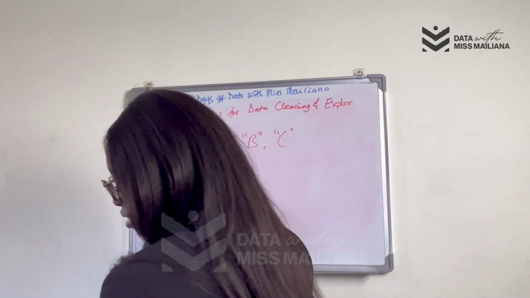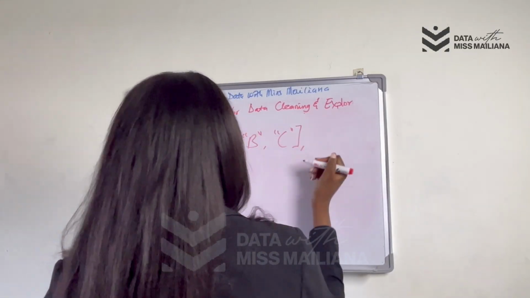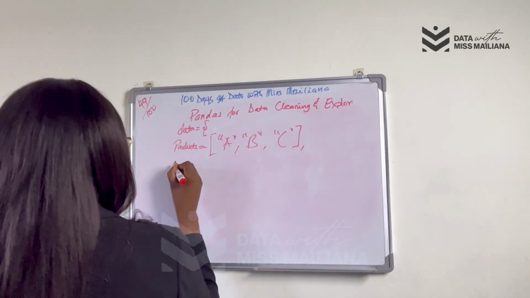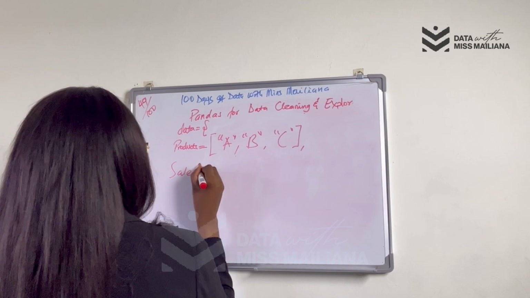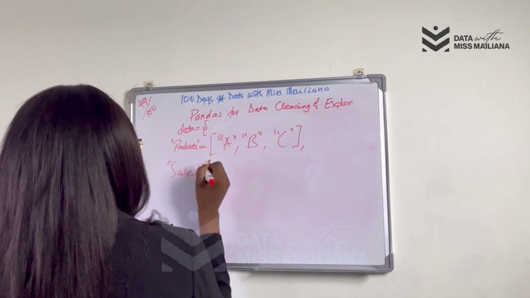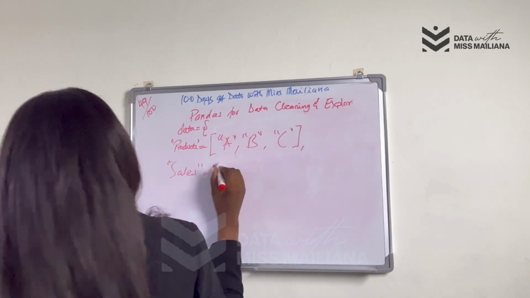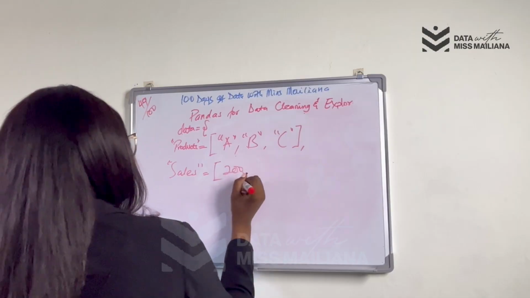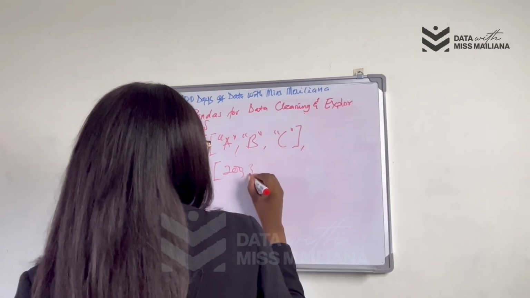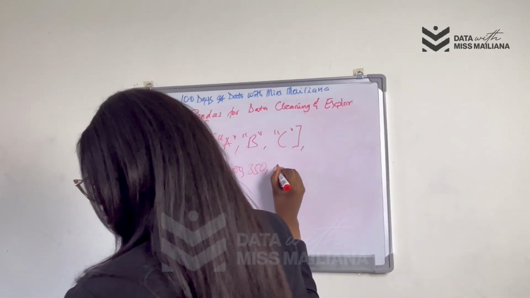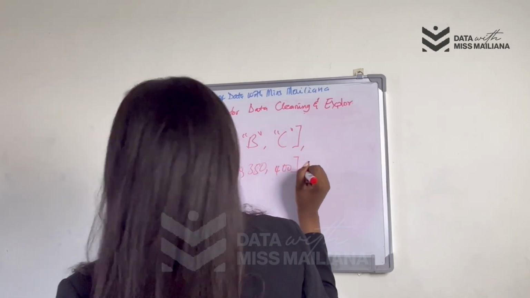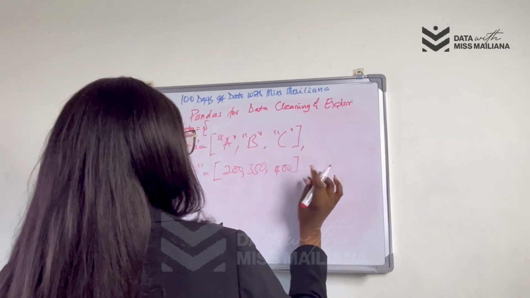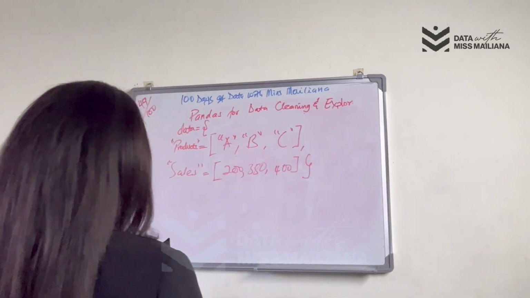Product is a list. Then we have sales. Sales is also a list. Then close our curly bracket.